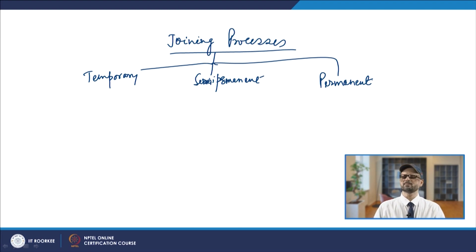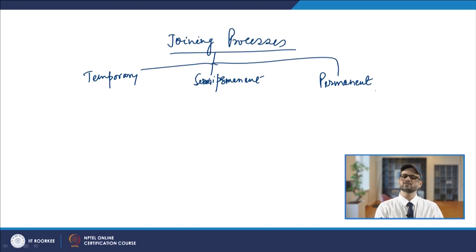And then comes the permanent joint. In the permanent joint, basically we are concerned with those processes where it is a permanent type of joint. If you try to remove or separate them, there is loss to both, because the joining is at molecular level.